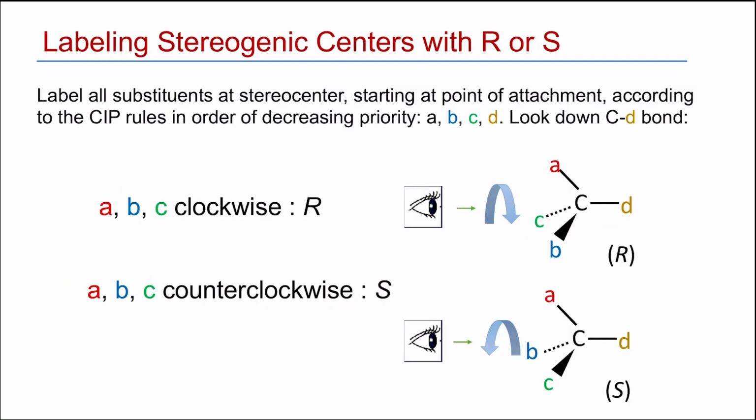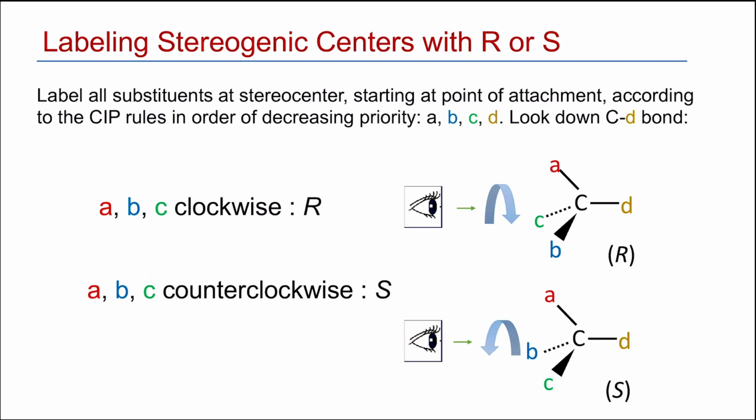So now we assign the priority of the different groups. We start looking at our molecule, and when we look at our molecule, we ignore the group with the lowest priority. We always ignore the group number 4. We only look at 1, 2, and 3. And when we look at our molecule, we need to see how they are arranged from 1 to 2 to 3.